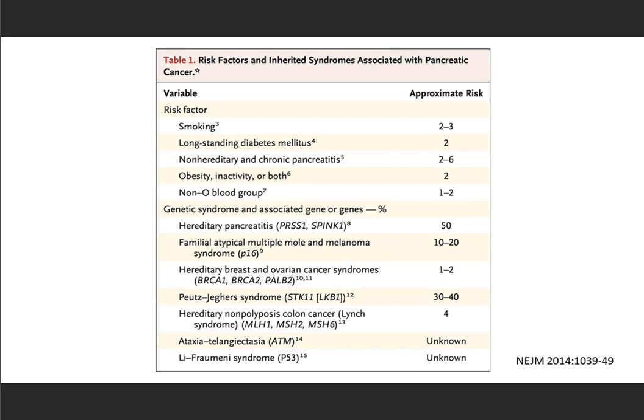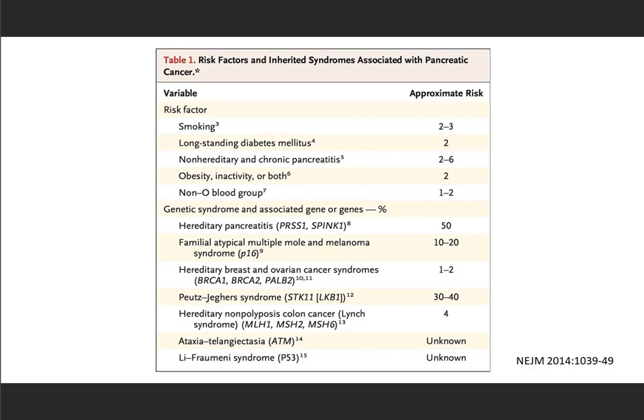There are some acquired risk factors, such as smoking, which has a relative risk of 2 to 3 times greater. So recall that if your lifetime risk was about 1.5%, smoking probably increases your risk 2 to 3 times fold. Long-standing diabetes has been identified as a risk factor. Having chronic pancreatitis, which I'll talk a little bit more about, is a risk factor.